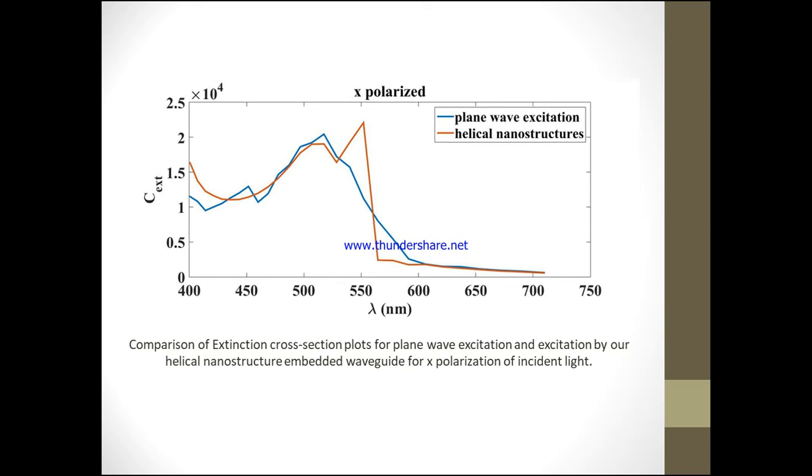However, we find another mode here at around 550 nanometers. This is again due to some sort of diffractive coupling, but this is kind of a surprise for us. We are not expecting this to happen because none of the lattice constants is in itself 550 nanometers.